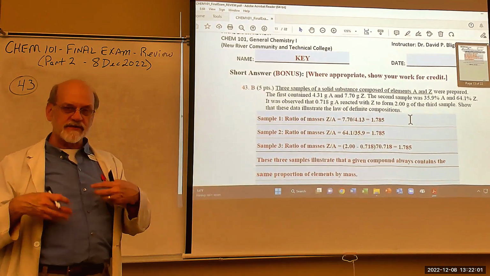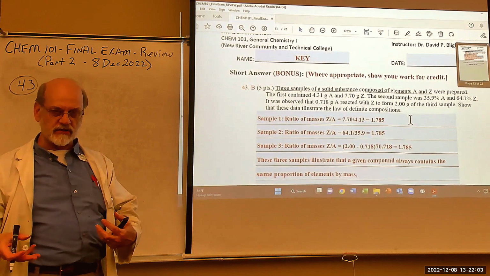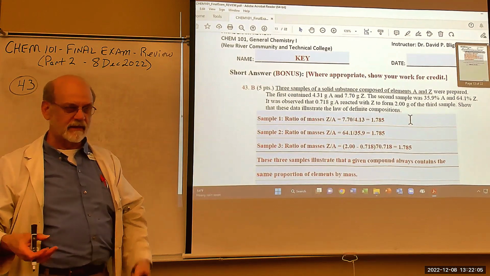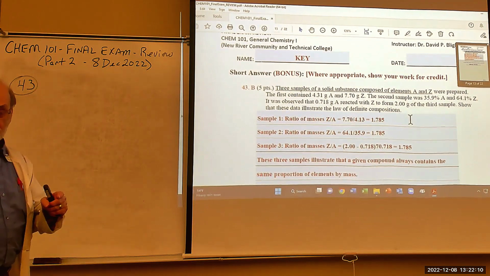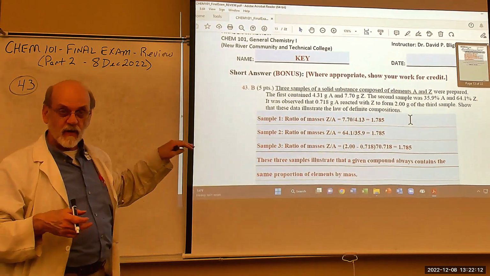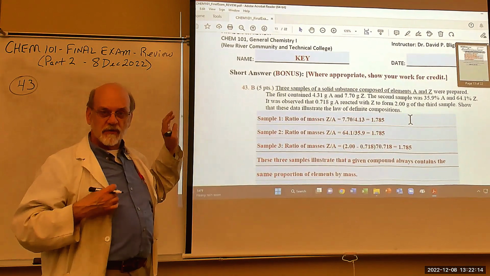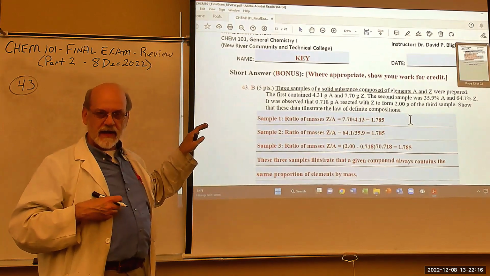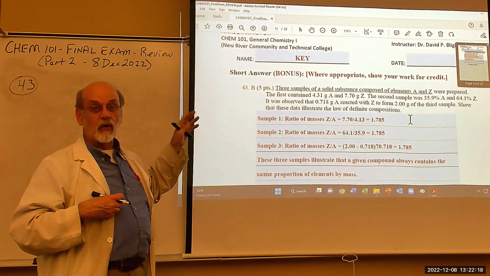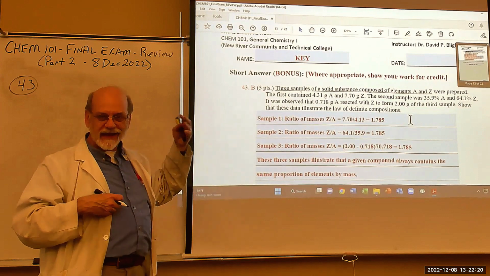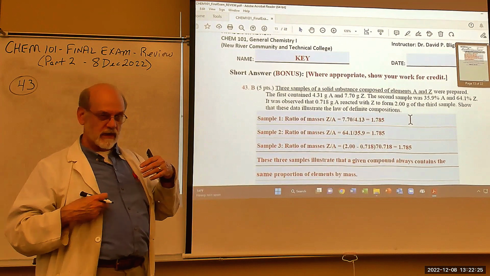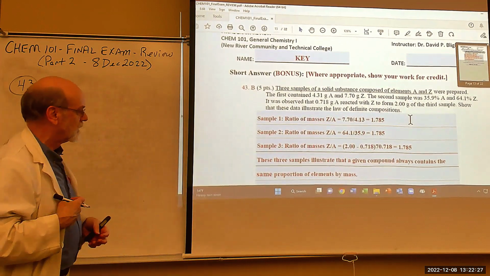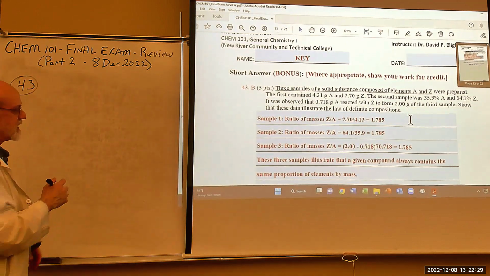It will always have the same or definite composition by mass. This law was proposed before the advent of moles, when we knew how many atoms were actually in the molecule. This is a mass relationship. So what's the ratio of mass for Z to A?